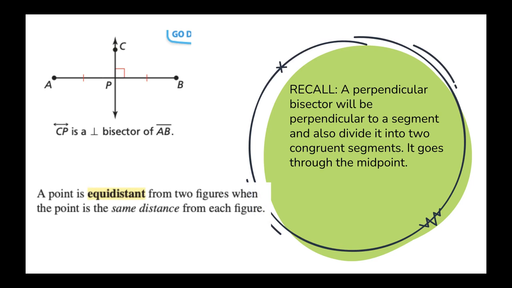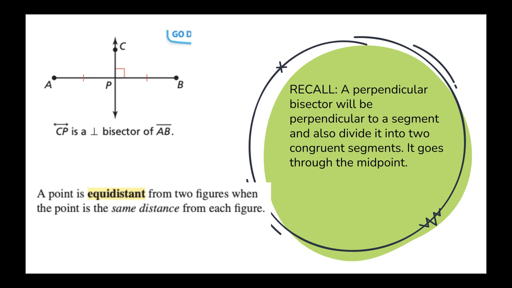Now, something is equidistant if it's the same distance. So if it's the same distance from a point, it's equidistant. In this case, we could easily say that from point A to point C and from point C to point B, if you were to create segments there, they would be equidistant.